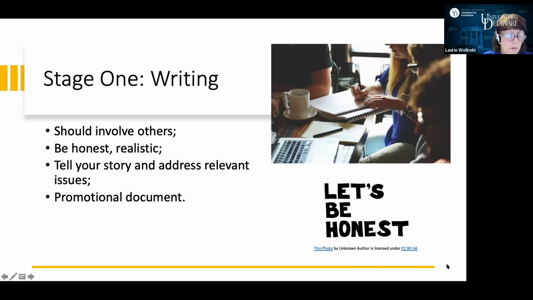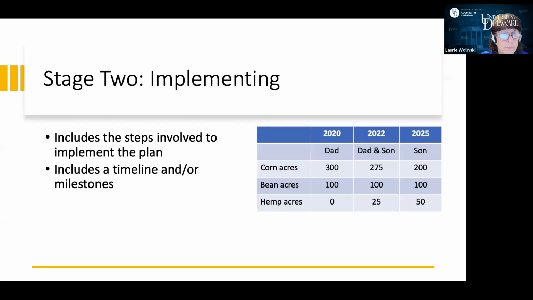You know in your head and in your heart how your business is doing, but if you're trying to explain that to a lender without documented numbers, it could be hard. So, the promotional document.